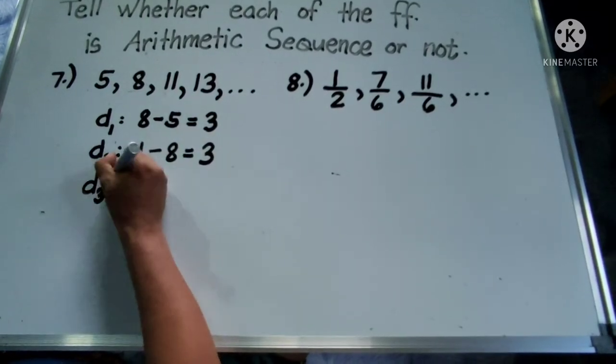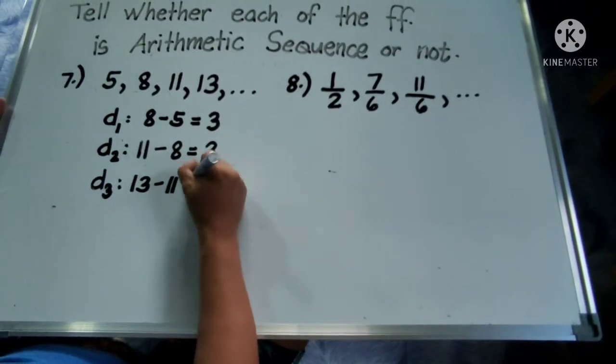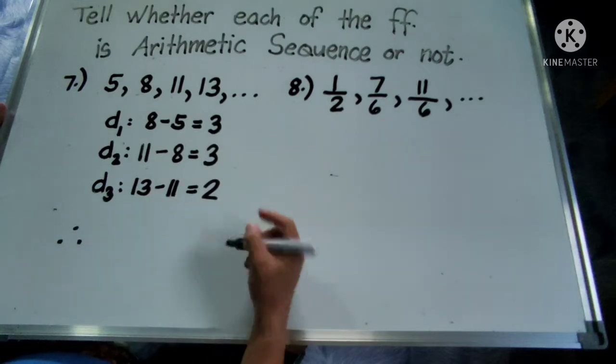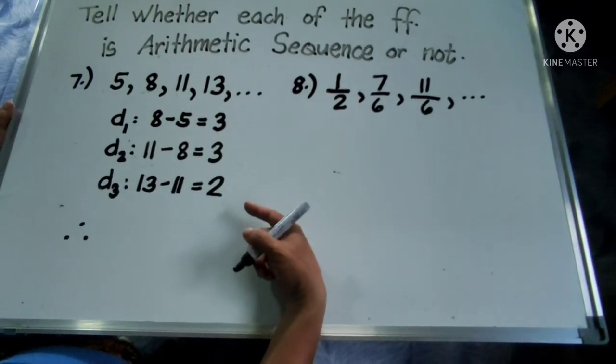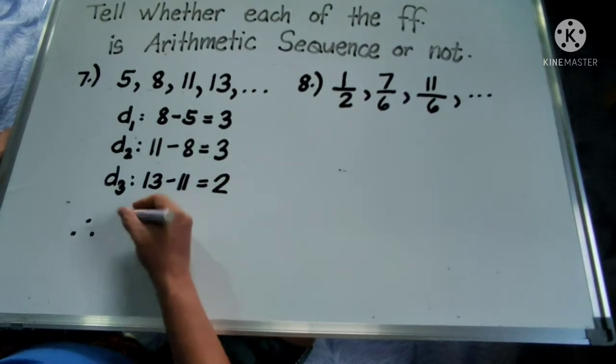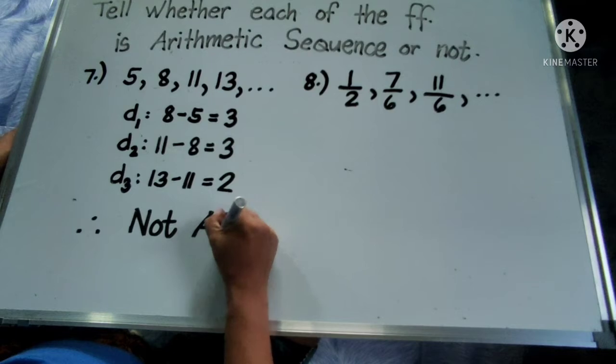Third difference, you will have 13 minus 11 is equal to 2. Therefore, do we have a common difference? The answer to that is no, because the third difference is different, which is 2. So this is not an arithmetic sequence.